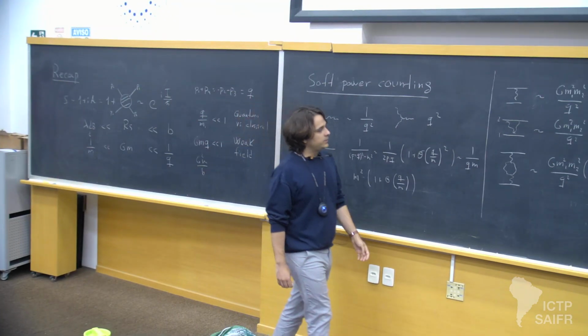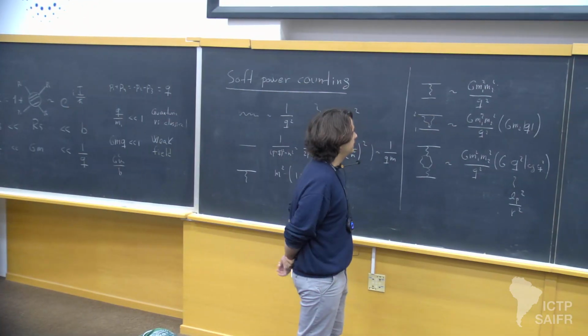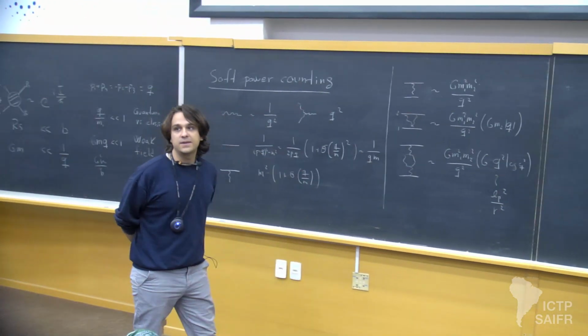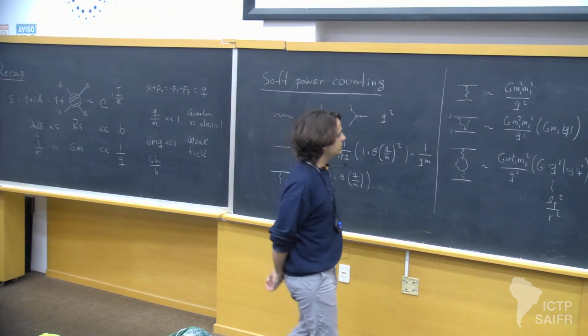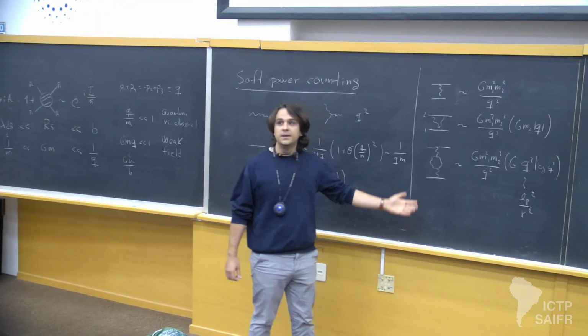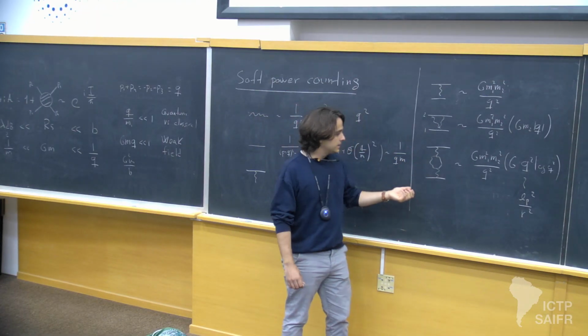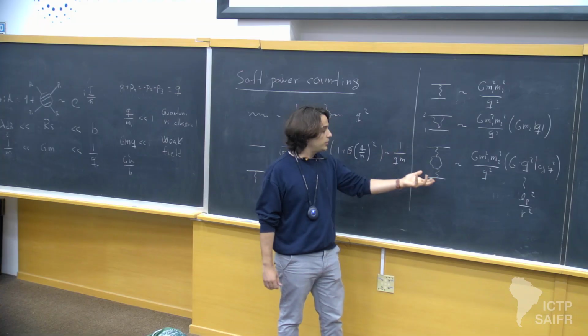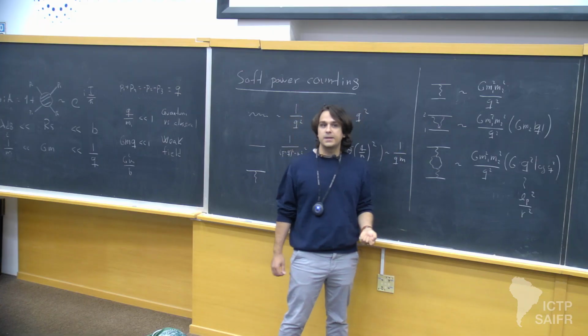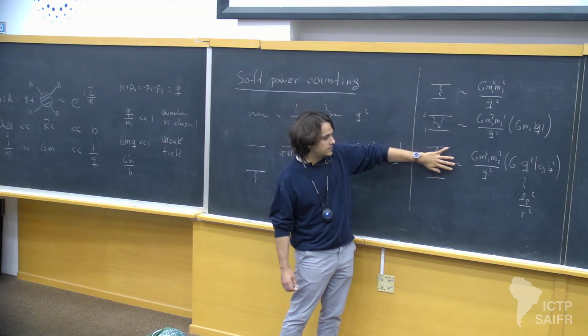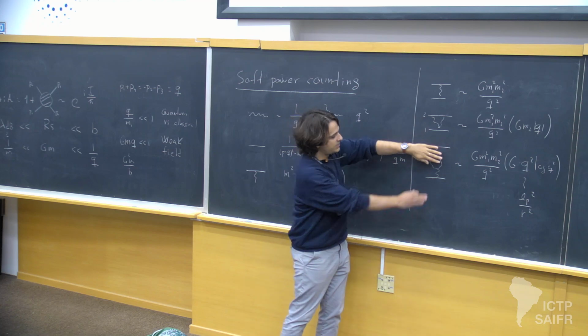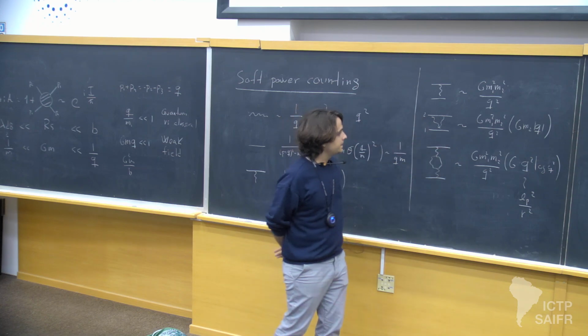And we did three examples of diagrams which are inside of the scattering amplitude. Notice that all of these diagrams you could construct in principle using the three-point amplitudes that I explained in the second lecture, like two scalars and one graviton, or three gravitons.